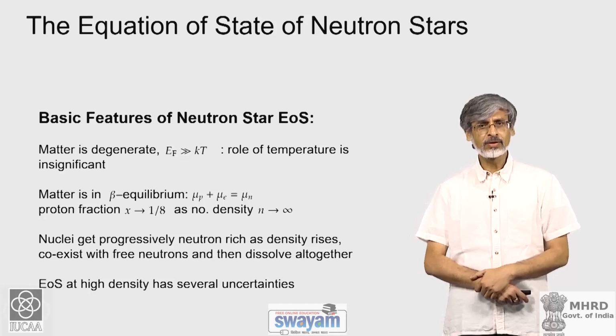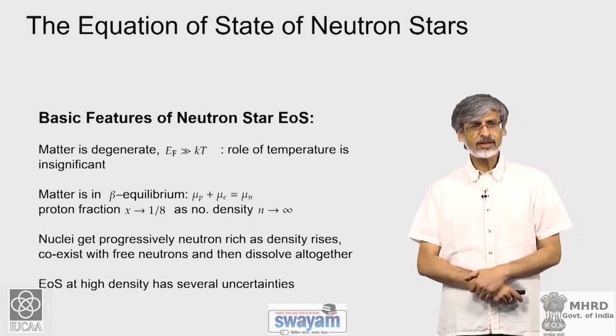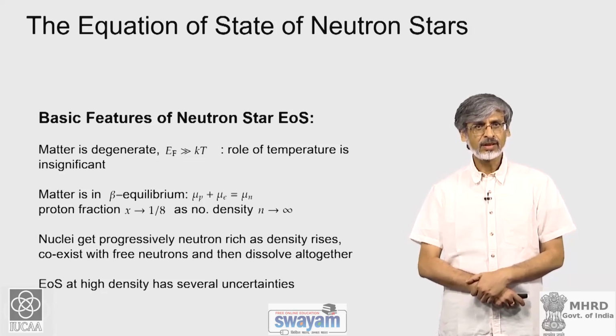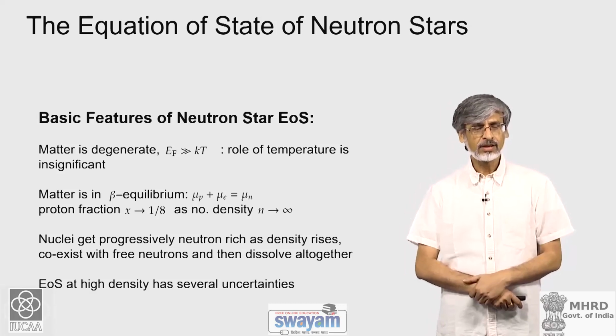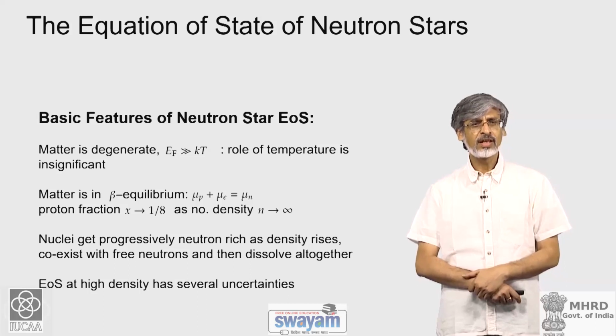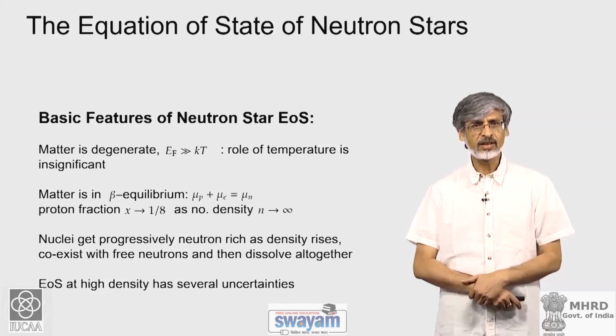Now, we have also mentioned that the upper mass limit of neutron stars at the moment is somewhat uncertain, because the equation of state, that is the relation between pressure and density of neutron stars, is not fully certain as yet.